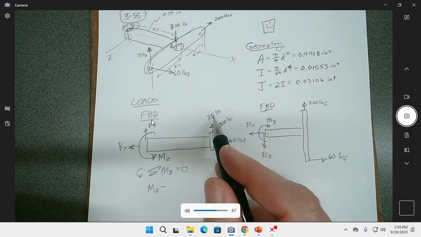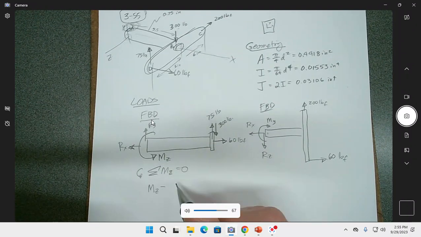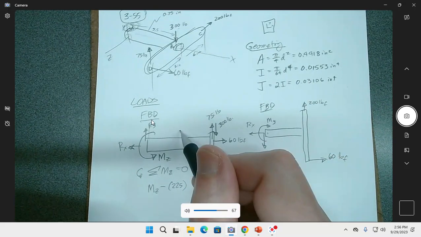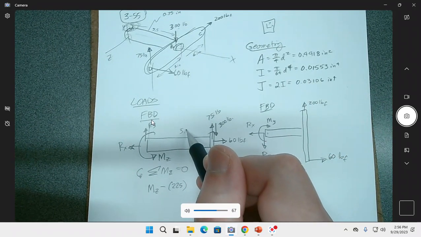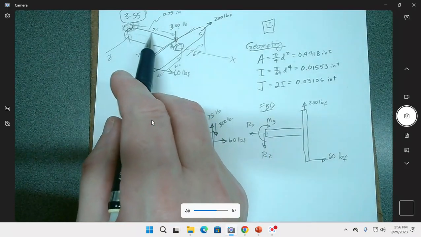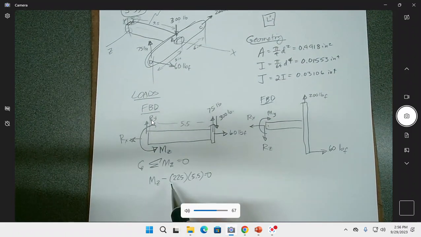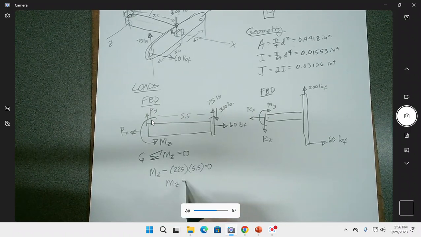All right, so it's going to be 300 minus 75, 225, right? And that's going clockwise. So I'm going to write that 225. And this distance right here was 5.5. If you look up there, you can actually see that, 5.5. So MZ is going to be 5.5 times 225.